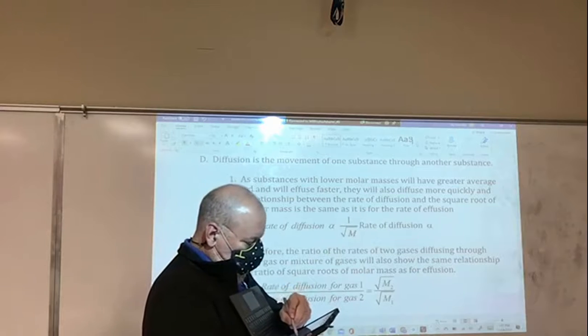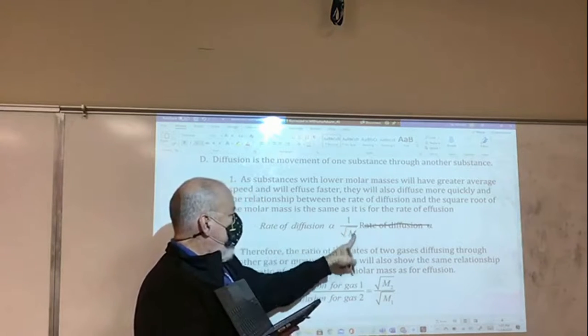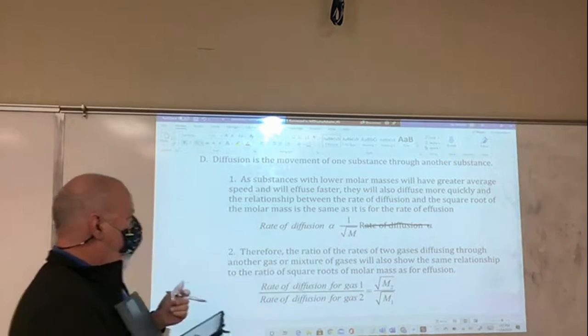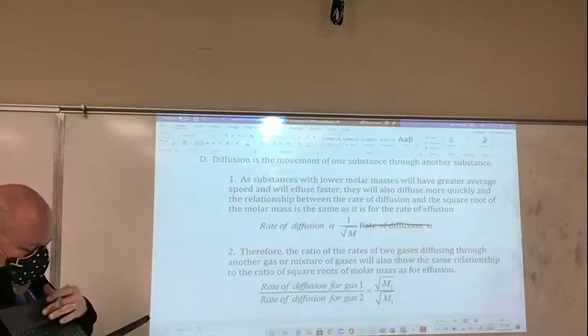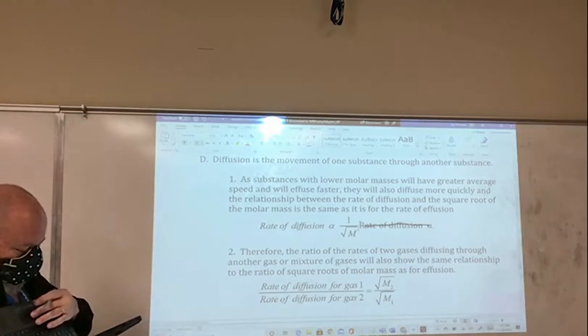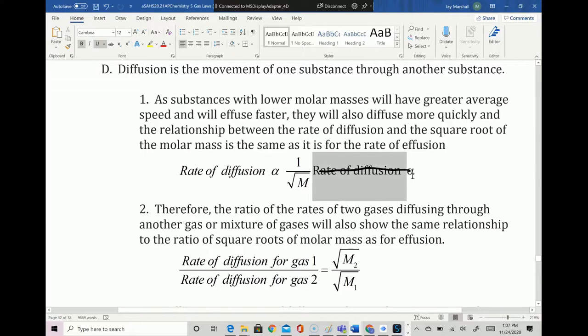This shouldn't be here. So the rate of diffusion is inversely proportional to the square root of the molar mass. Okay, so I have no idea why that's there, and in fact, I'm just going to get rid of that right now.